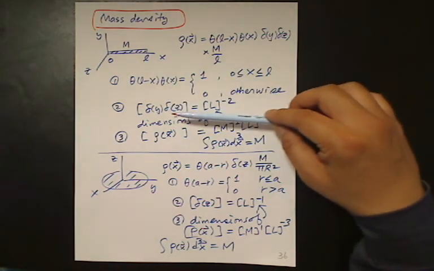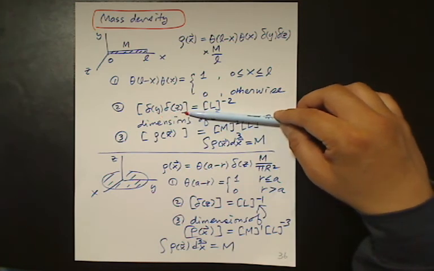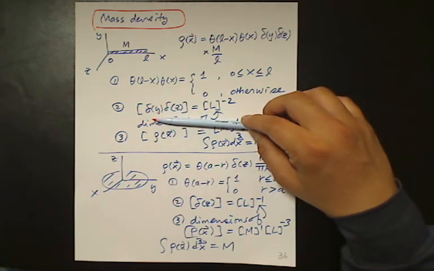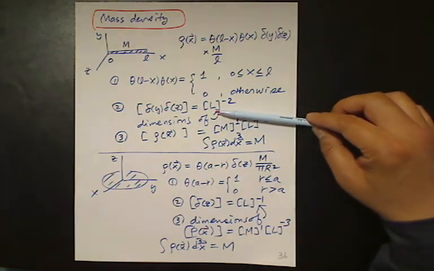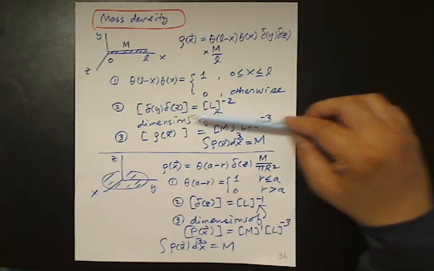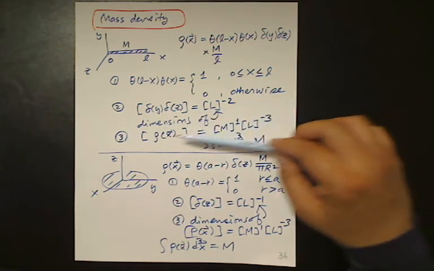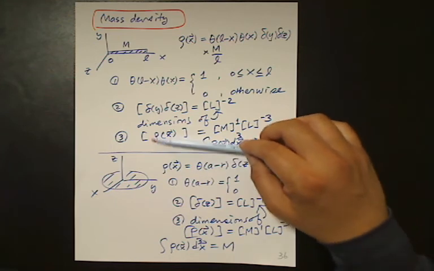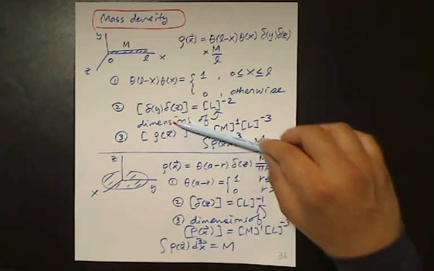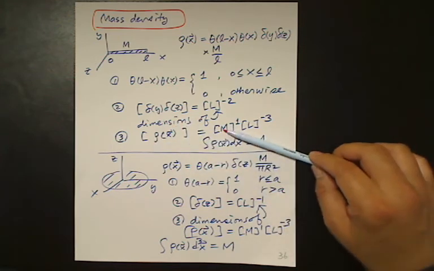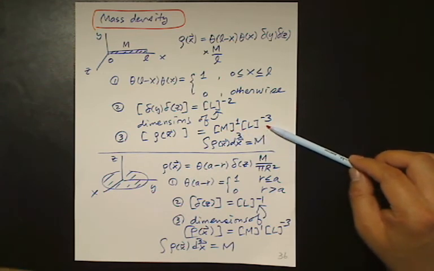And regarding the dimensions, the delta function of length has a dimension of reciprocal of length. So the product of delta functions is a reciprocal of area. And at the end of the day, we'll find that density should be mass divided by volume.